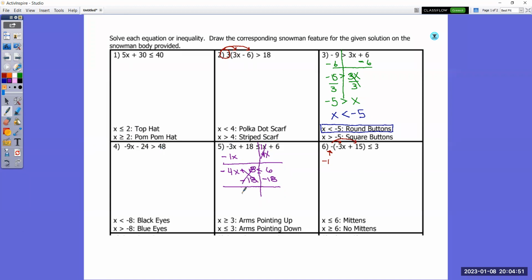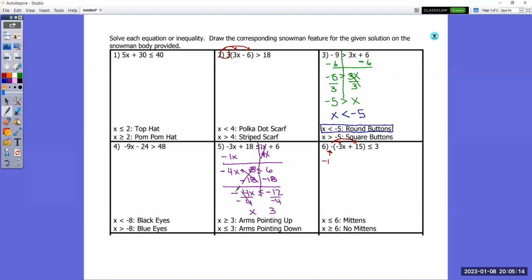Again, use your calculators. -4x is less than or equal to 6 minus 18 is -12. All right, and my final step is to divide by -4. -12 divided by -4 is +3.